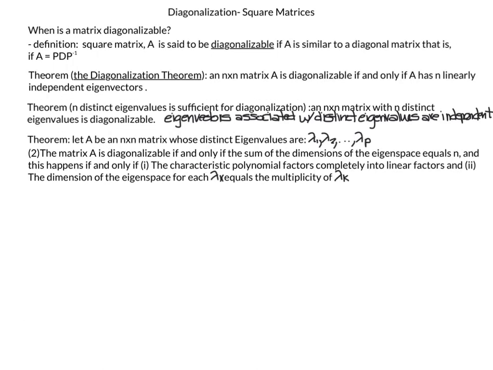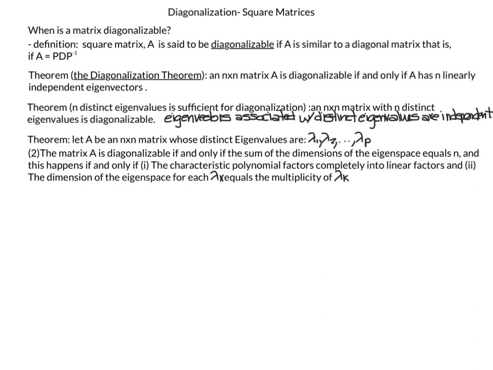I have one more slide here, which is just to encapsulate the theorems that tell us when a matrix is diagonalizable. I also included the definition. A is diagonalizable if A is similar to a diagonal matrix D. Our first theorem says that a matrix is diagonalizable if and only if A has n linearly independent eigenvectors.